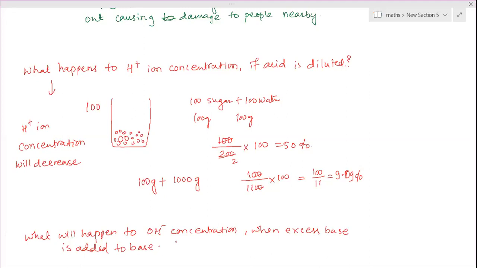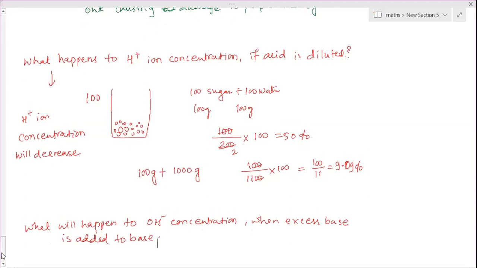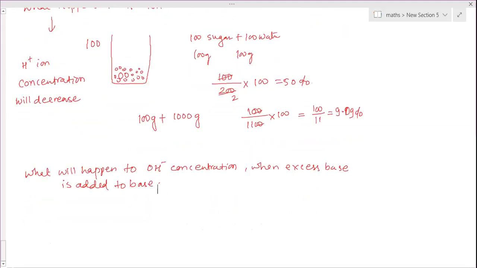Ma'am, the concentration increases, because here the number of OH minus ions you are increasing. So ultimately the OH concentration, that is a percentage, will increase. OH minus ion concentration will increase.